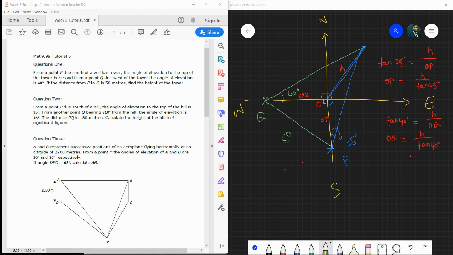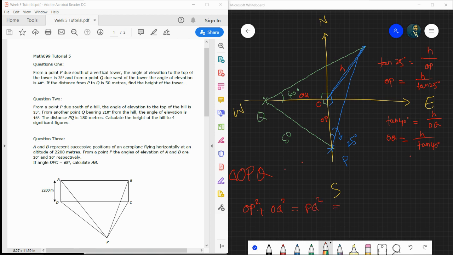Now if you look at the triangle OPQ, you can see it's 90 degrees. So we can easily say OP squared plus OQ squared equals PQ squared. What does that give you?